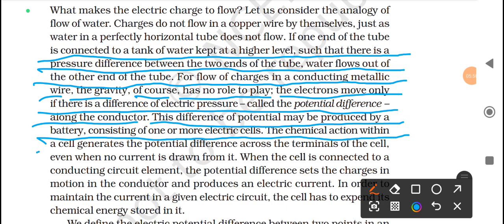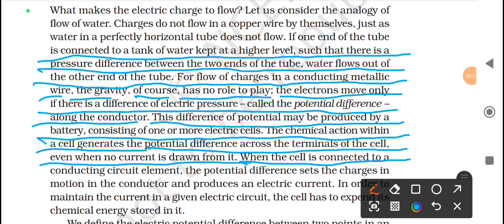The chemical action within a cell generates the potential difference across the terminals of the cell even when no current is drawn from it. When the cell is connected to a conducting wire element, the potential difference sets the charges in motion in the conductor and produces an electric current.